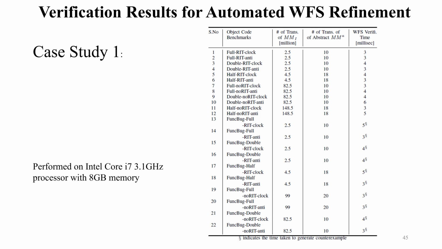As you can see, the stepper motor controller has from 2.5 million to 148.5 million transitions in it. Using the implementation transition system and applying the refinement checker techniques would take a lot of time.